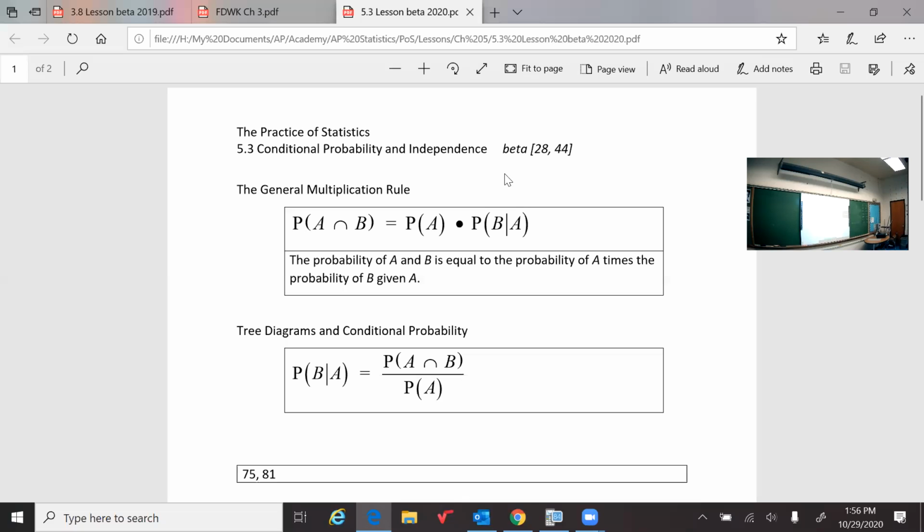But the explanation is pretty thorough in the textbook about tree diagrams. We're just going to go right to the two-way table. Okay? So we're going to pause the video, and you're just going to do two questions.